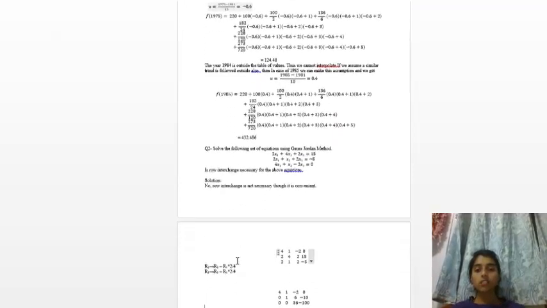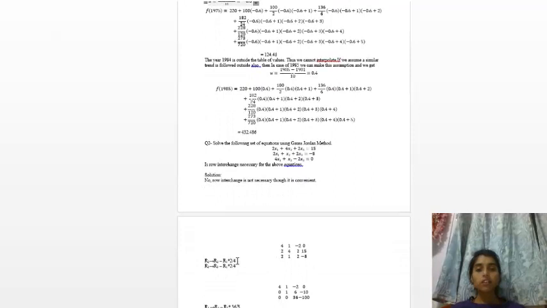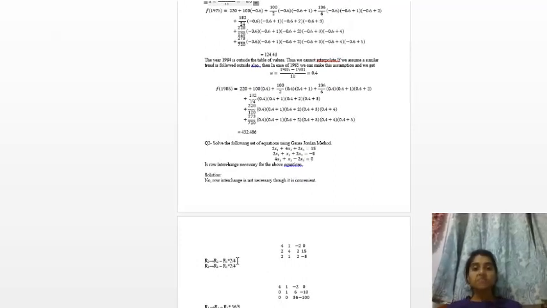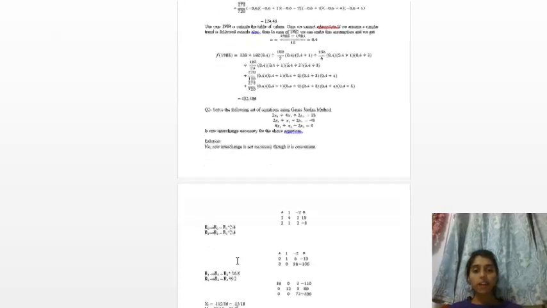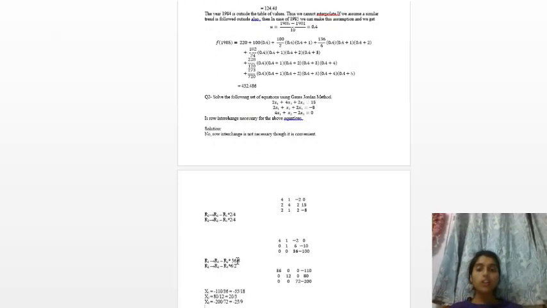Now, the next question is that we have to solve the given equations using the Gauss-Jordan method. In the Gauss-Jordan method, we make all the terms except the diagonal terms 0 and directly solve the equations.